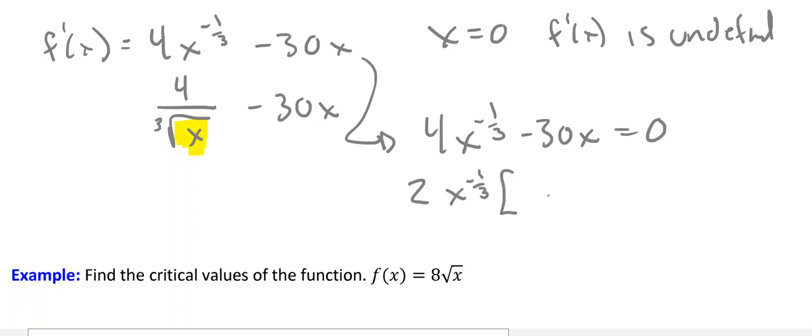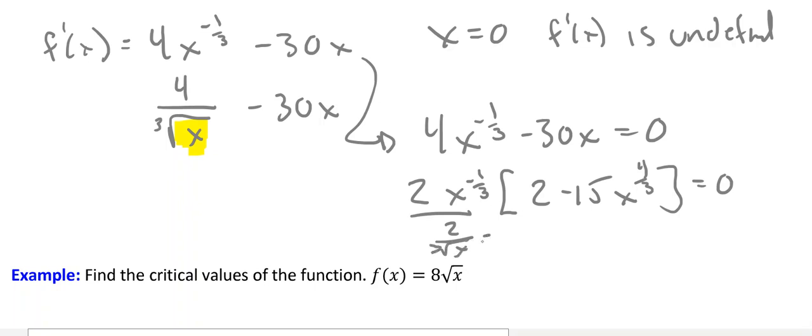And so we will be left with 2 over the cube root of x times 2 minus 15x to the 4/3 equals 0. Setting the first factor equal to 0, we get 2 equals 0, which gives us nothing.